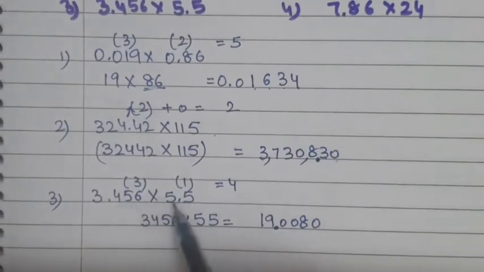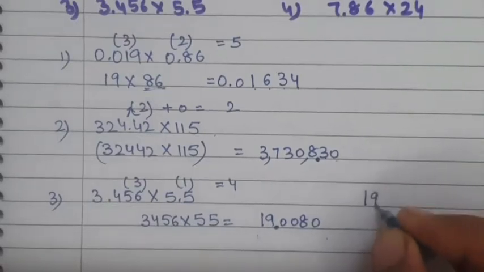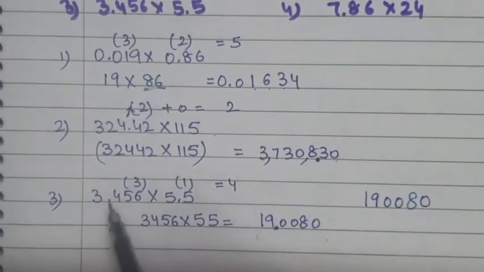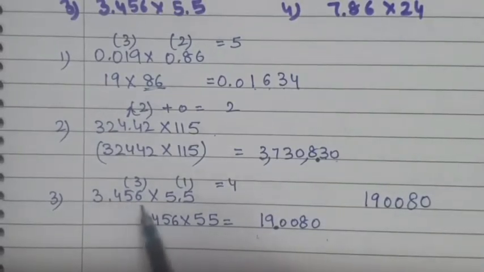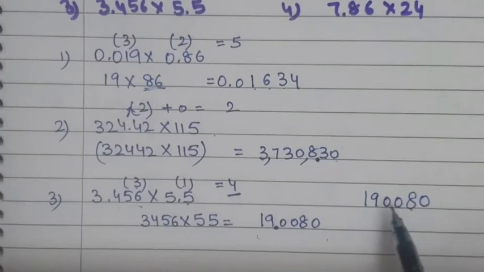Next one is 3.456 into 5.5. Again do the simple multiplication, that is 190080. So now after the decimal 3 digits, 1 digit. 3 plus 1, 4. 1, 2, 3, 4. Put the decimal here. Clear, children?